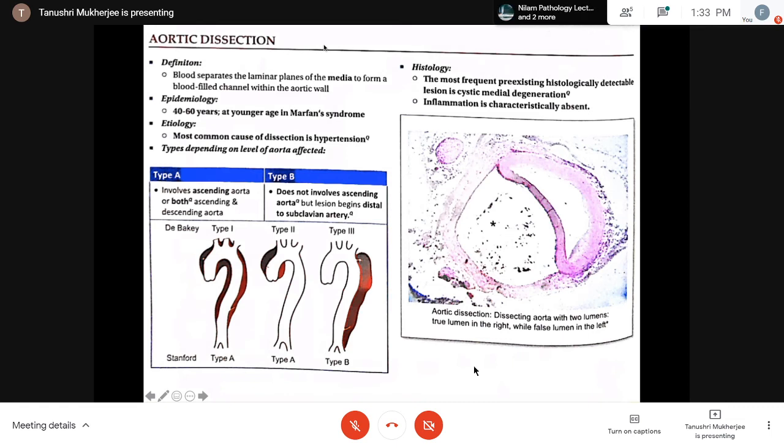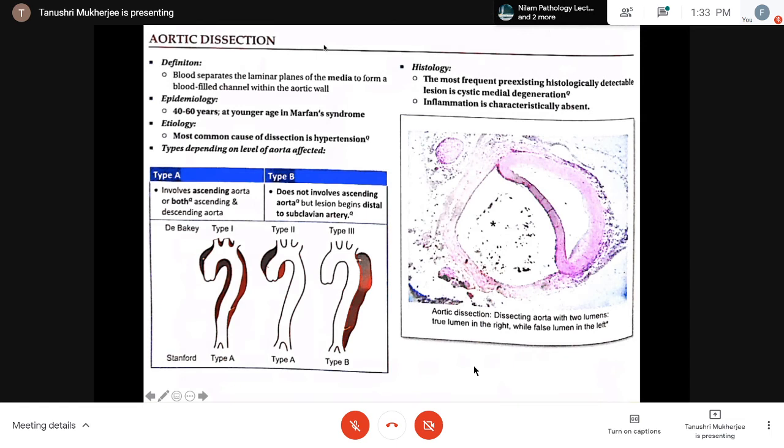The types, depending upon the level of the aorta affected: Type A involves the ascending aorta or both. Type B does not involve the ascending aorta, but the lesion is distal to the subclavian artery.